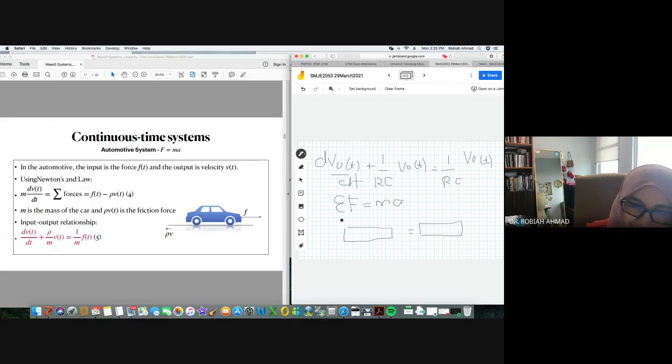If we do dynamics, let's say the system, in this case, is the automotive system. We define the forces, and we try to find the summation of those forces.